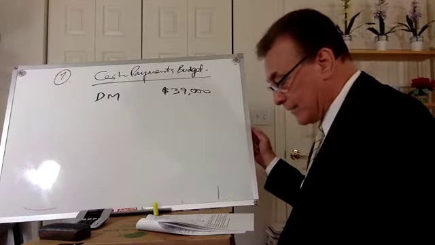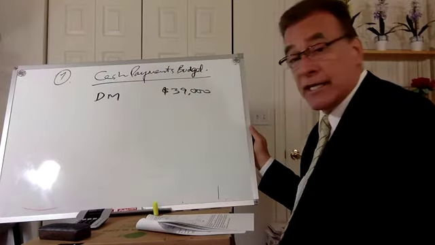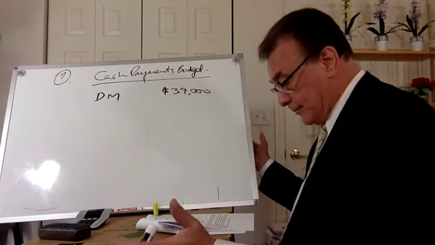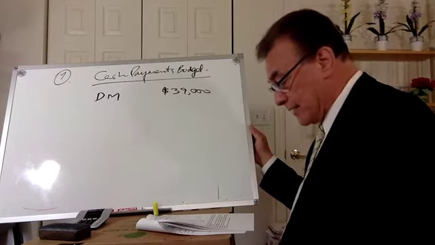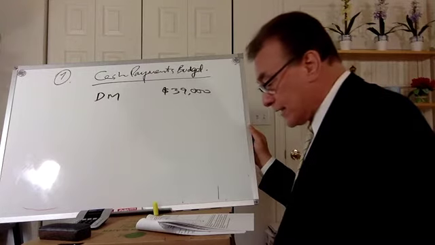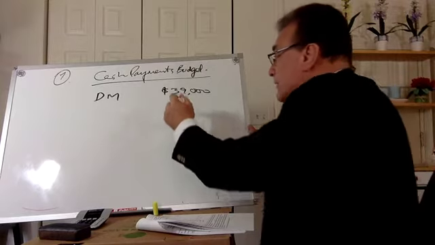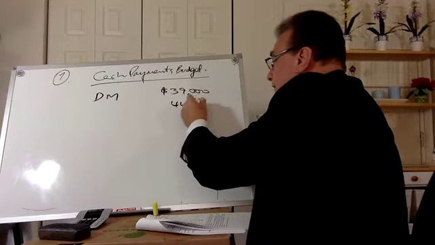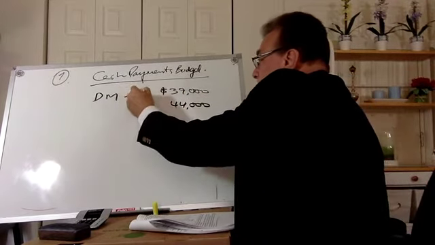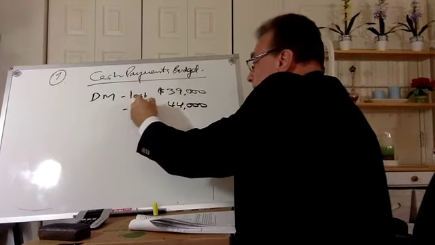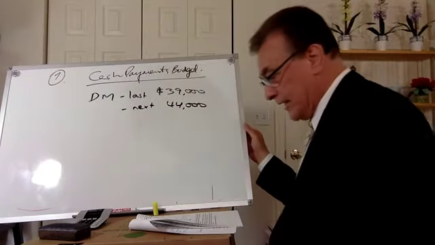When they say last month's direct material, they really should say this month, okay? Because they say last month and they say next month, but there's no this month. They really mean this month. Okay, so that's 39,000 for this month's purchases, and then next month's purchase is 44,000. Okay, so what they've got is that's last month in the solution, then they've got next month. Okay, just to help you out there.